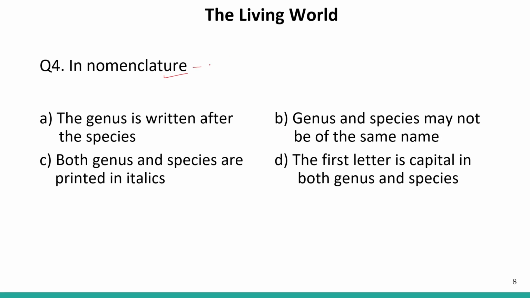The next question is in nomenclature. Nomenclature means naming of the living organism. So how is the naming of the living organism done, or assigning a scientific name? If you talk about assigning a scientific name, we follow this binomial nomenclature.